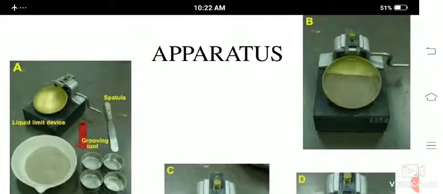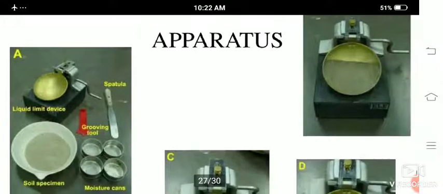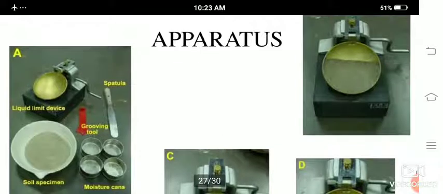You can see in this picture the soil sample placed in the apparatus. The spatula is to trim the excess soil sample, and these moisture cans are for determining the moisture content by oven drying.